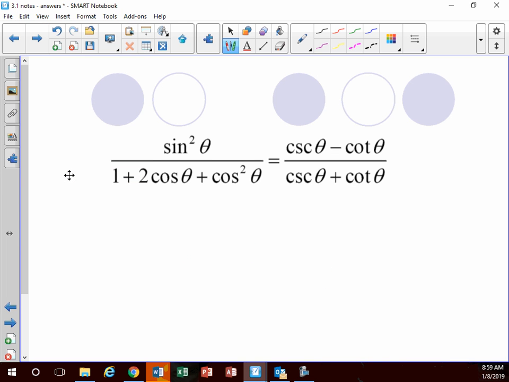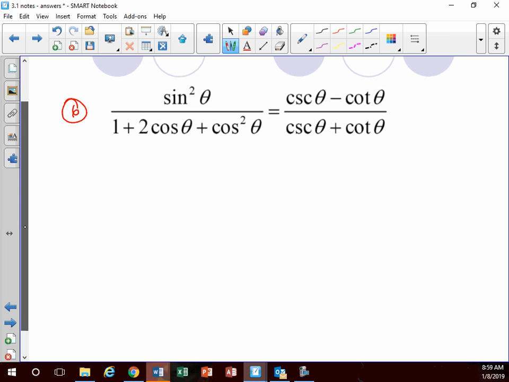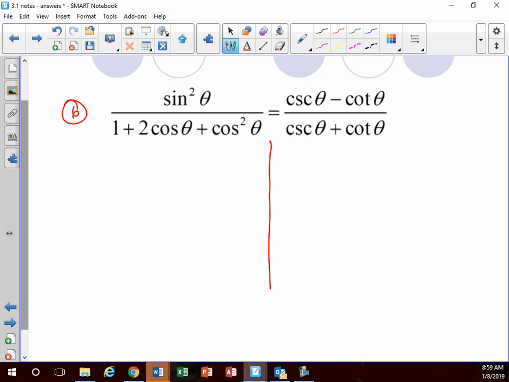All right, we're about to jump to one that is much harder, okay? All right, guys, this one has a lot happening in it. There's substitutions you need to do. There's factoring you need to do. There's common denominators you need to find.